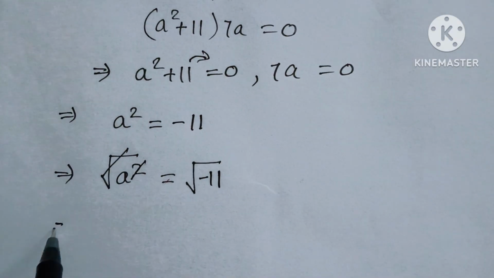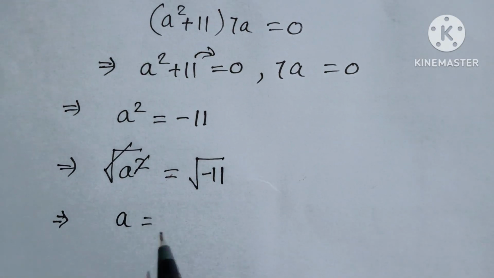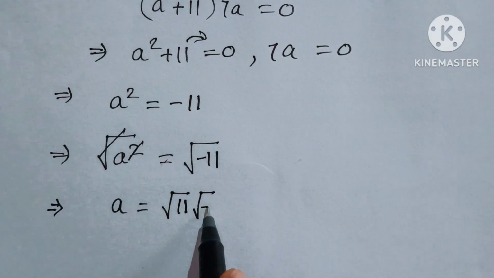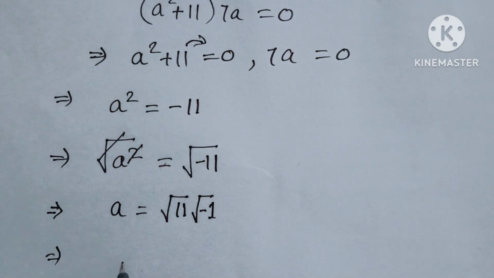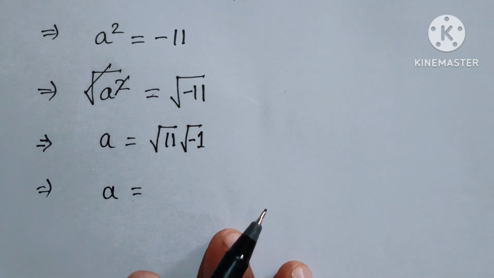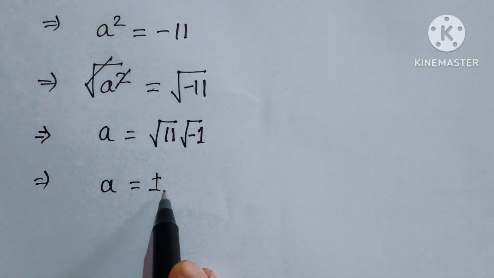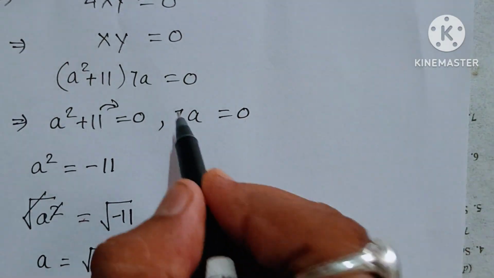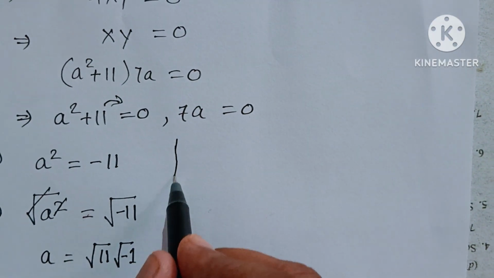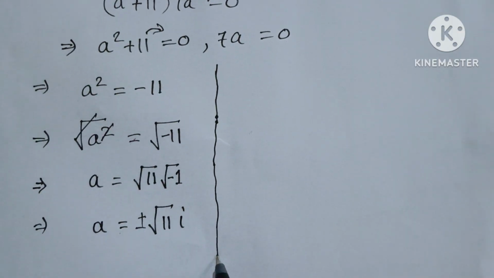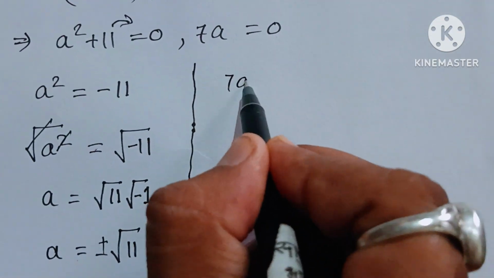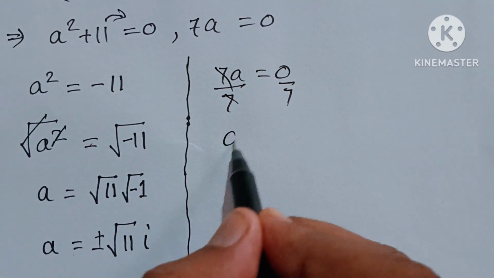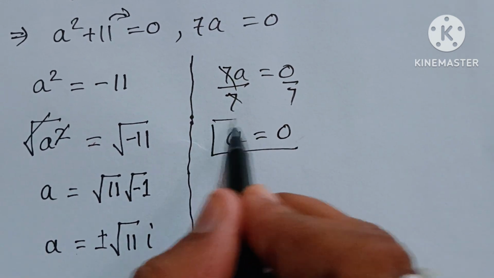Square root cancel, so we get a equal to under root 11 into under root minus 1, so a equal to plus minus root 11 i. Then 7a equal to 0, divide both sides by 7, 7 cancels, a equal to 0, so value of a is 0.